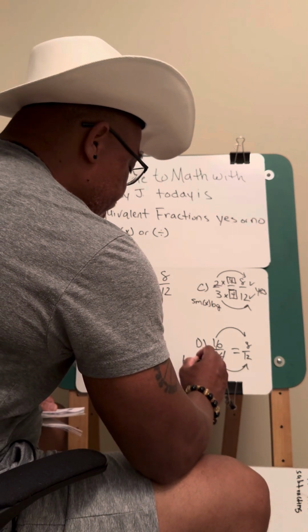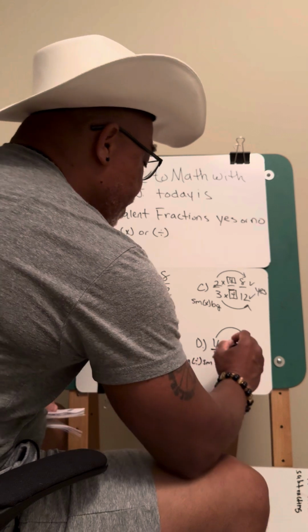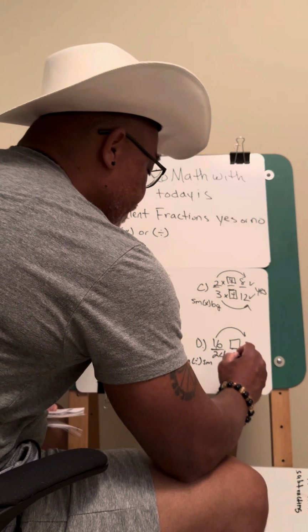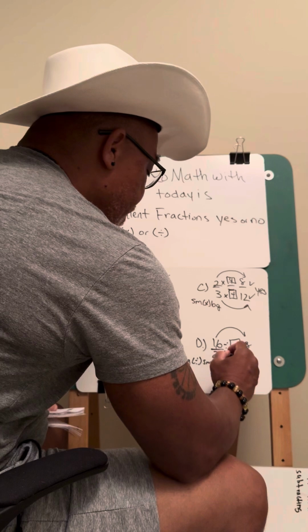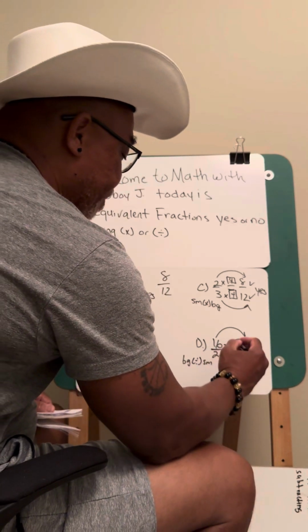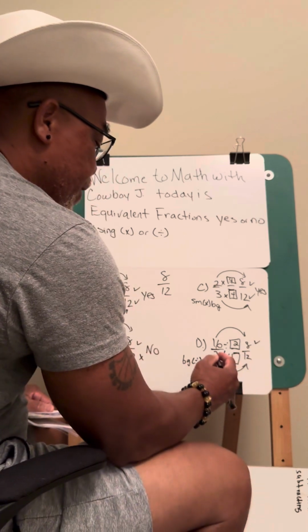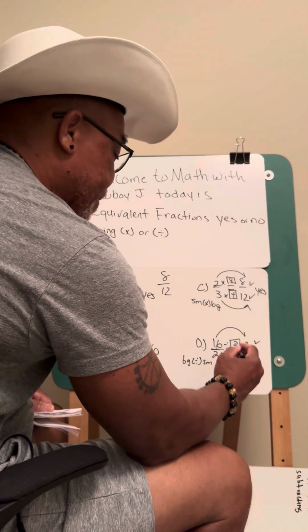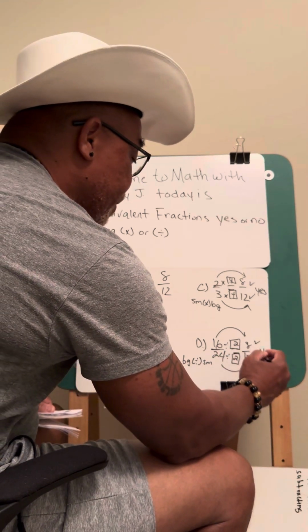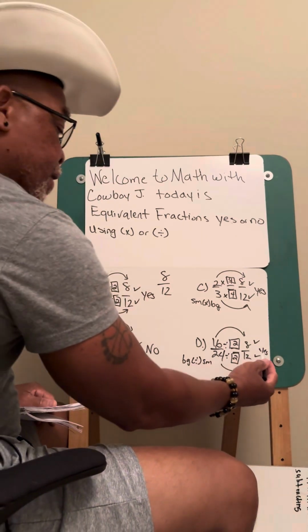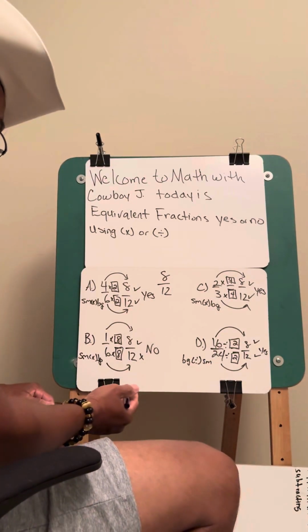Big to small. Set it up. 16 divided by, that's correct, 2 is 8. 24 divided by that same 2 is 12. So, yes, this is also equivalent.